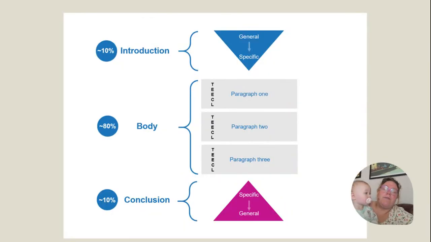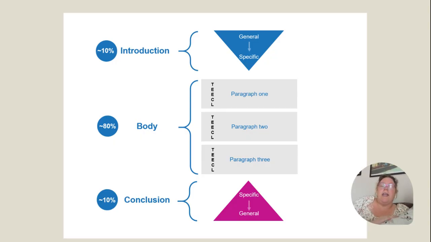So if you think about it visually, and if you're kind of like a numbers person, the introduction is about 10% of your paper. The body is 80, so that's the biggest part of your essay. And then your conclusion is that last piece, that last 10% to get the full parts of your essay.